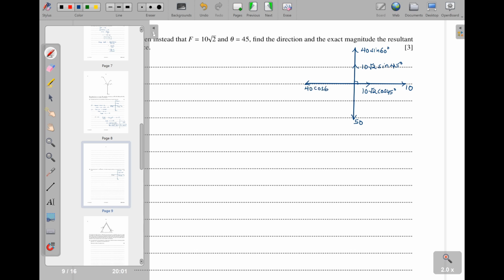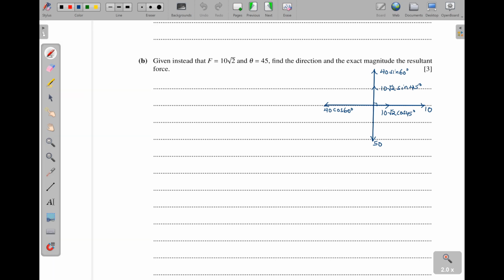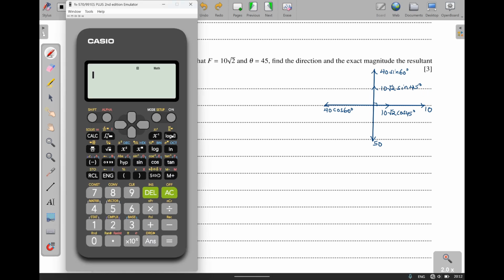Then this way we have 40 cos of 60. Now let's look at the resultant in the y direction. So Ry is going to be, since now the system is not in equilibrium, I can't just say that this is equal to this. Okay, so we need to check out which one is actually bigger. Sine of 60 is root 3 over 2, so that will be 20 root 3.